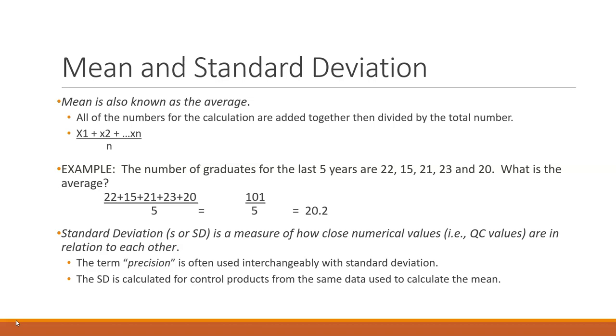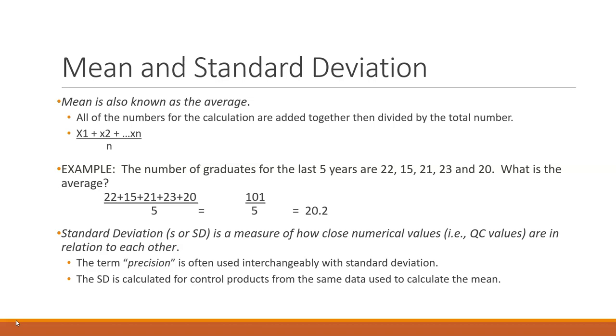All of the numbers for the calculation are added together, then divided by the total number. I've given you the formula, and here's an example. The number of graduates for the last 5 years are this. So what is the average? You put the numbers on the top and add them all together. What are the total number of numbers? It's 5. And so then we end up with an average of 20.2 graduates per year.